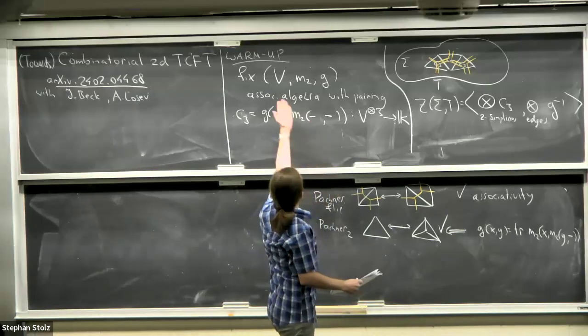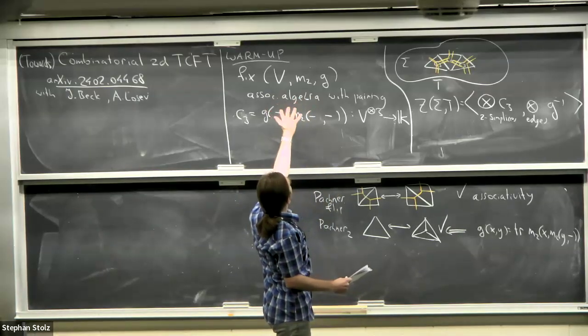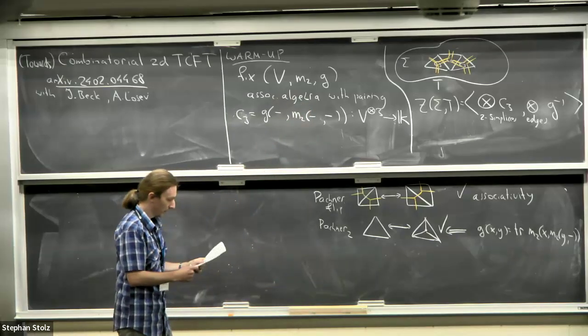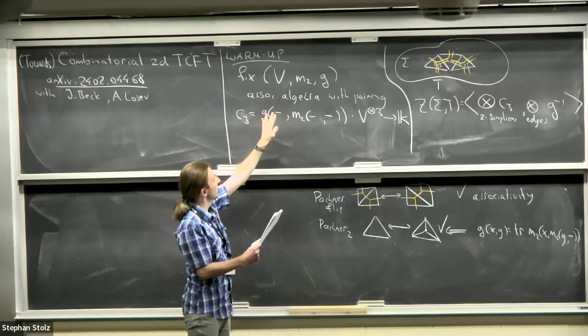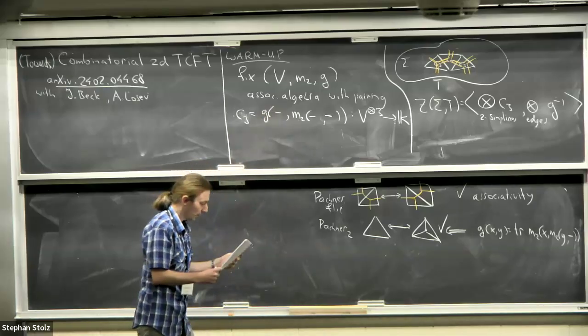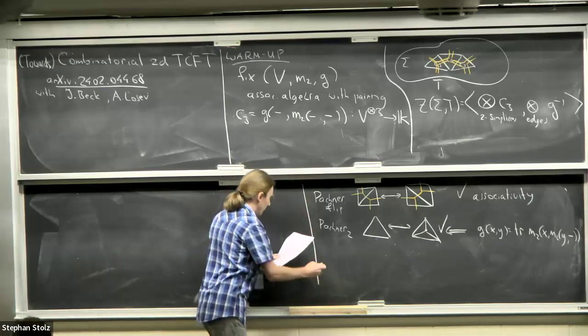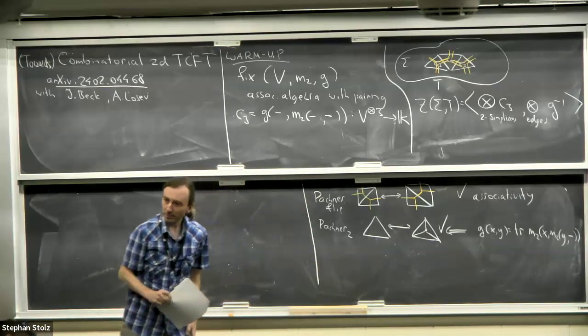You could also call these structures non-abelian Frobenius algebras, because the pairing is important in this game, but I'm not requiring that M2 is commutative.